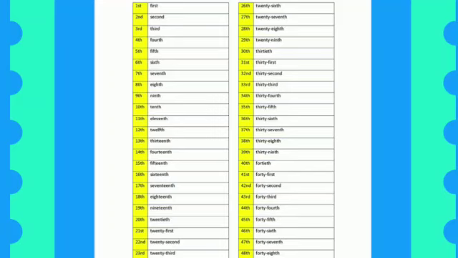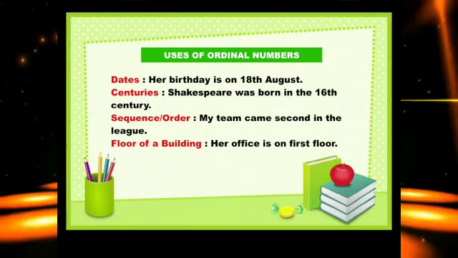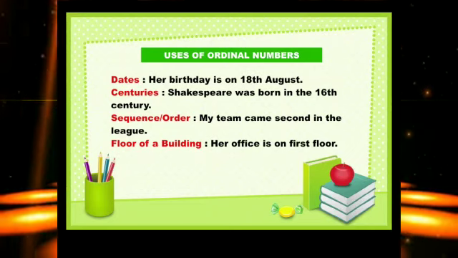So students, after completing the ordinal numbers till 30th, we should learn the spellings of 40th, 50th, 60th, 70th, 80th, 90th, and one must be careful about writing the spelling of 100. 100th is spelled as O-N-E-H-U-N-D-R-E-D-T-H.